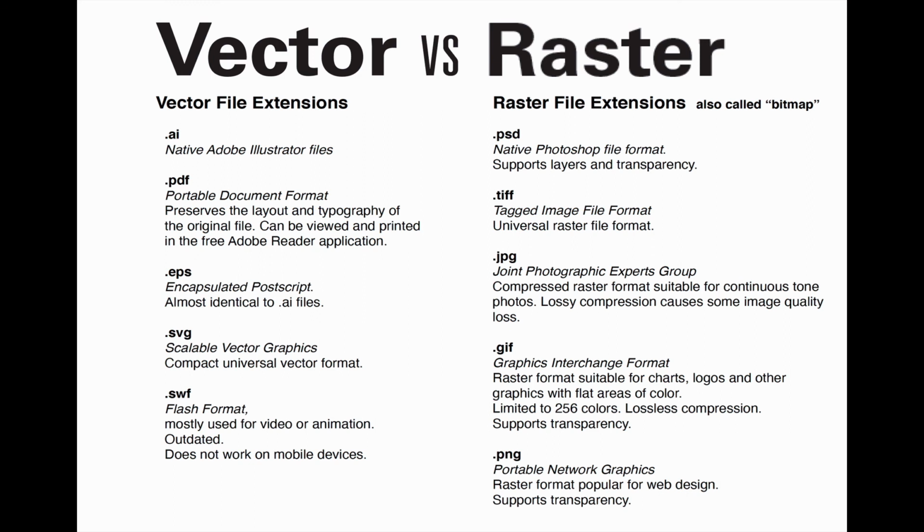Common raster file extensions you may encounter are the native Photoshop file format, PSD, and TIFF, which is a generic file format. JPEG, Joint Photographic Experts Group, is a compressed format, which means that every time you save a JPEG, it gets compressed and loses a little bit of quality.